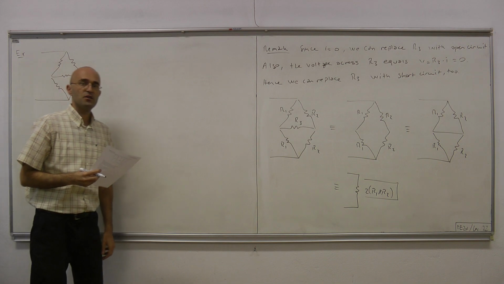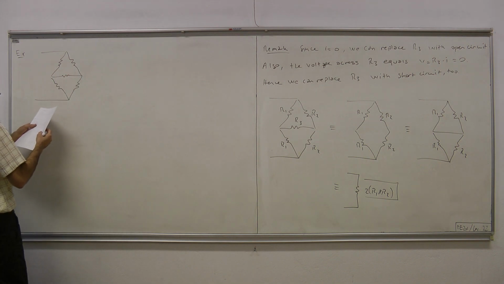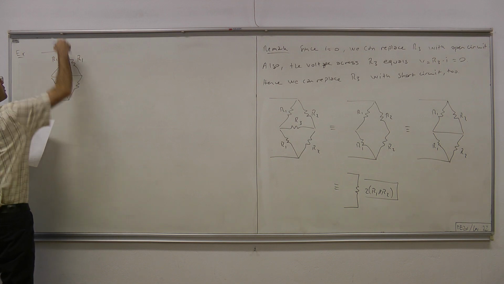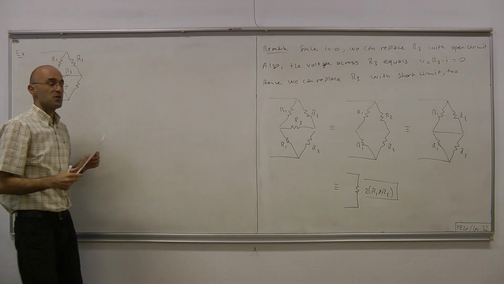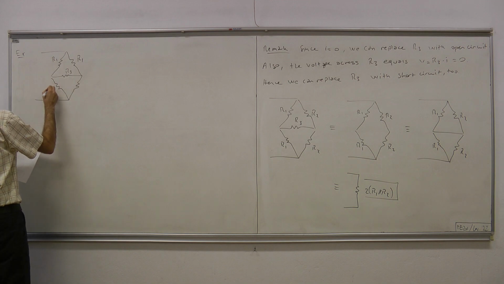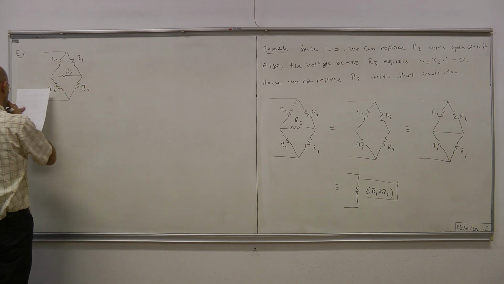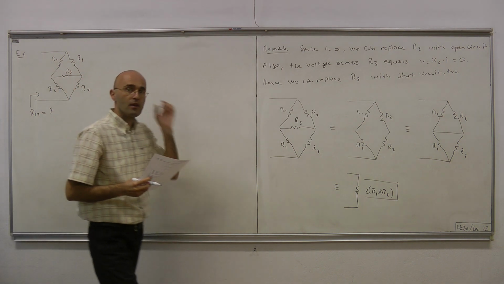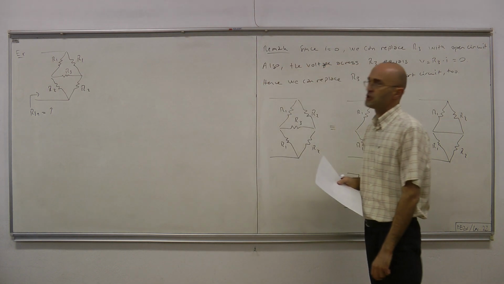Again, we have the same topology, but this time the symmetry is along the vertical axis. We have R1, R1, and R2, R2. And for this, let's try to figure out the input resistance by using symmetry.